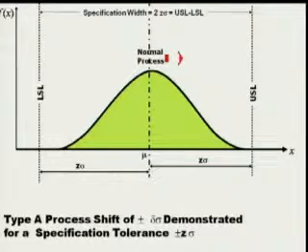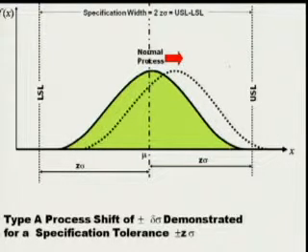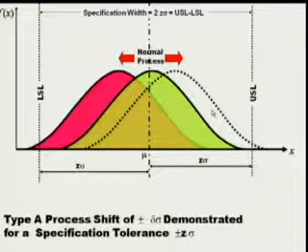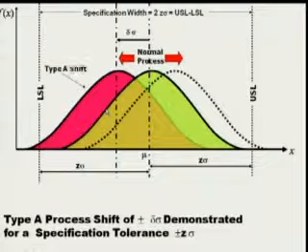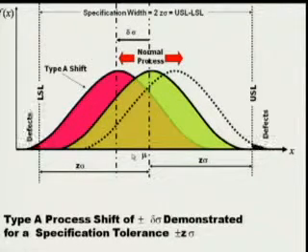In this case, if the process is shifted to the right, it will be shifted by a certain amount. If it is shifted to the left, it will be shifted by a certain amount. And that amount, let us call it delta sigma. And in either case, we have defects.